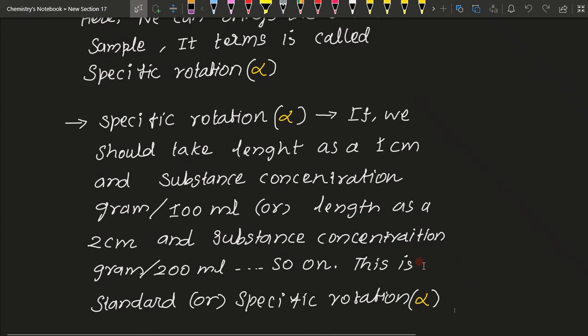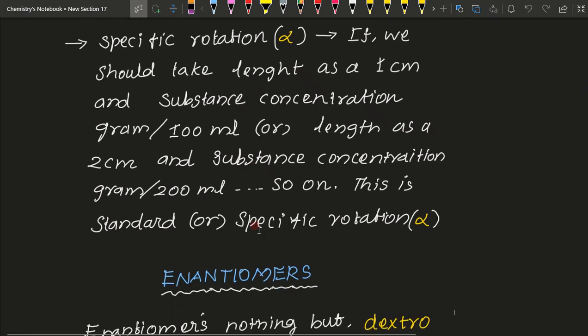For specific rotation, we take length as 1 centimeter and substance concentration as gram per 100 ml, or length as 2 centimeter and concentration gram per 200 ml, and so on. This is called the standard or specific rotation alpha.